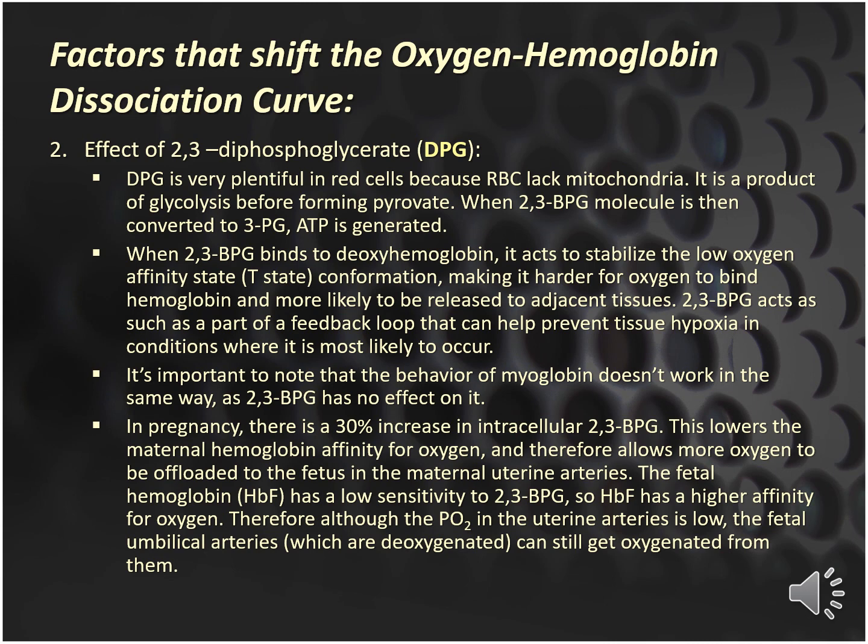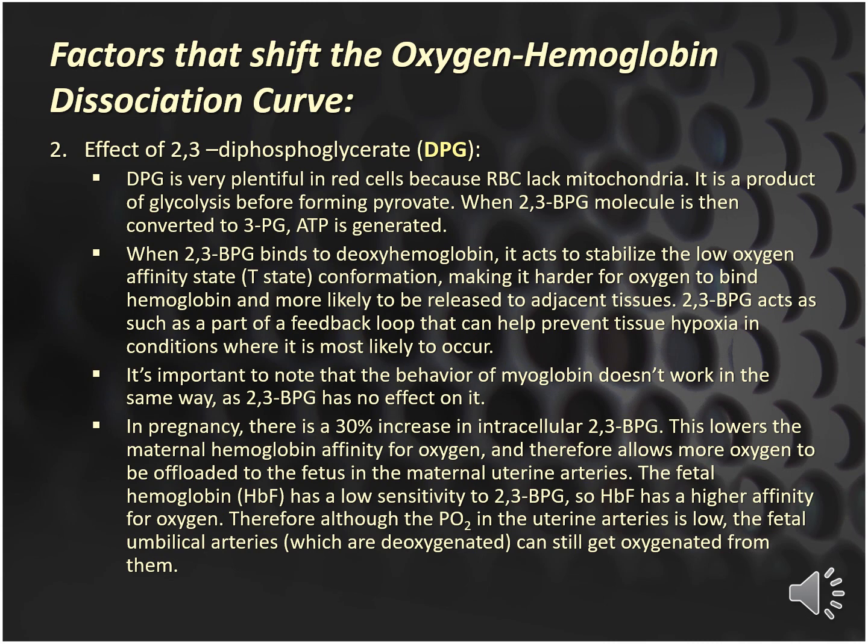One example is a pregnant woman. In pregnancy, there is a 30% increase in the intracellular 2,3-BPG. This lowers the maternal hemoglobin affinity for oxygen and therefore allows more oxygen to be offloaded to the fetus in the maternal uterine arteries.